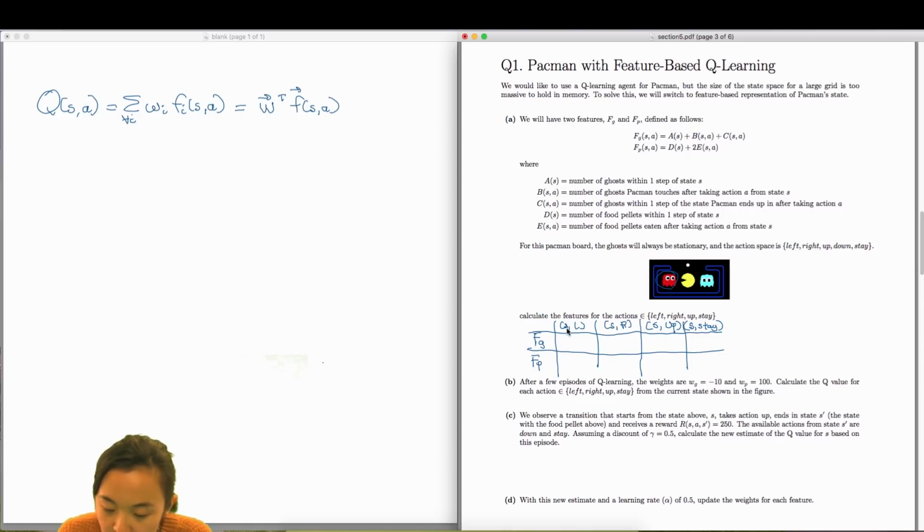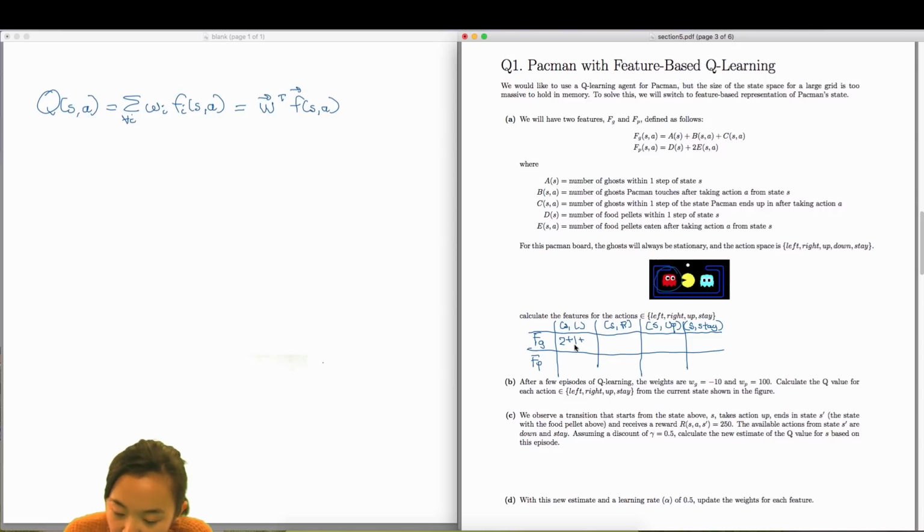So the state action tuple is the current state and the left action. At the current state, the value of A is the number of ghosts within one step of state S, so that's just going to be 2, plus B, the number of ghosts Pac-Man touches after taking the action left, so that's going to be 1, plus the number of ghosts within one step of the state that Pac-Man ends up in here.